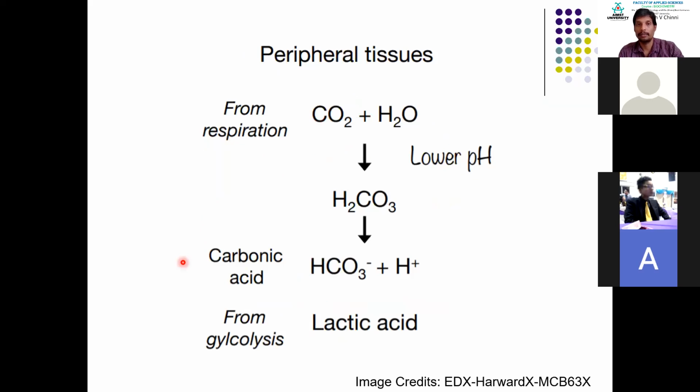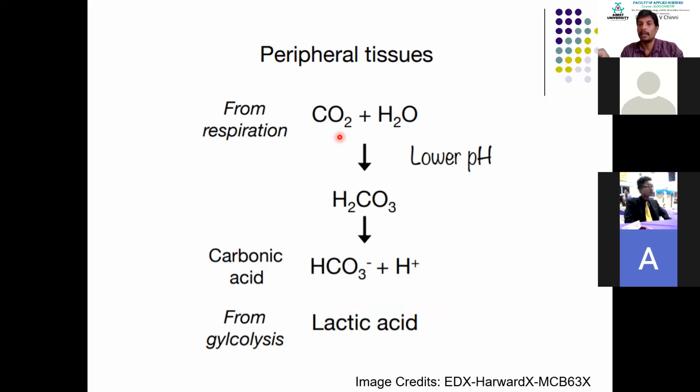The next step is what happens to the tissues during respiration. In peripheral tissues, carbon dioxide is forming during respiration, as we have seen. After glycolysis, during pyruvate to acetyl CoA, carbon dioxide is released.